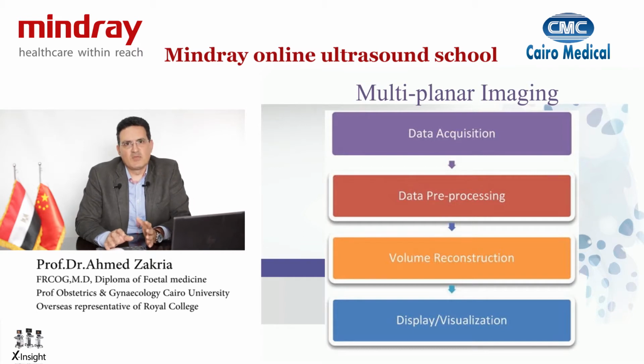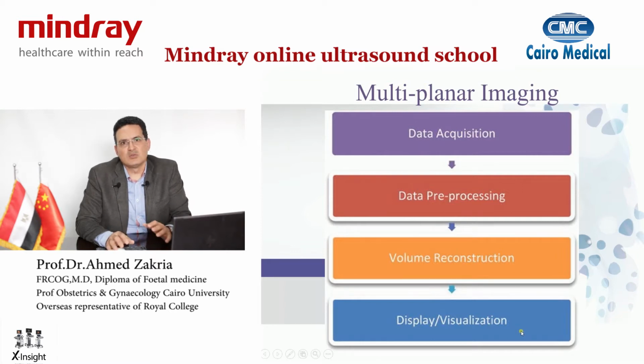We need to appreciate a few points. When we're doing 3D and real-time 3D imaging, we're not taking a single slice, we're taking a group of slices of images. First we do a group of data acquisition, where we have to define a good target and get a good 2D image, because that's your keystone for getting your volume 3D imaging.